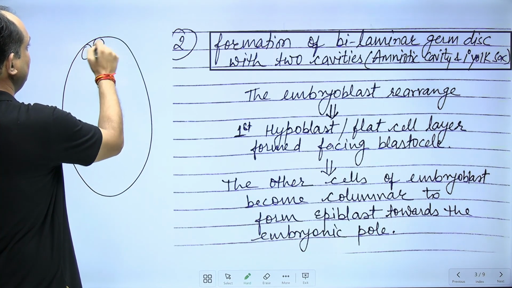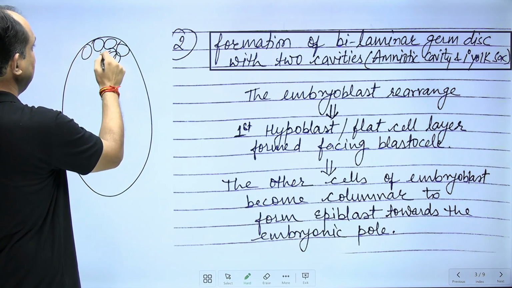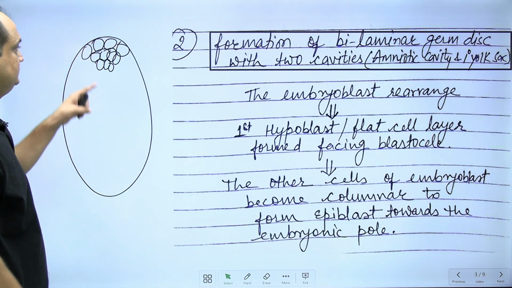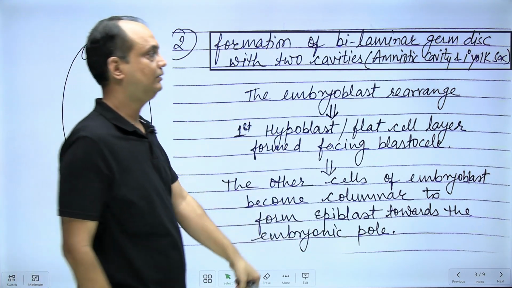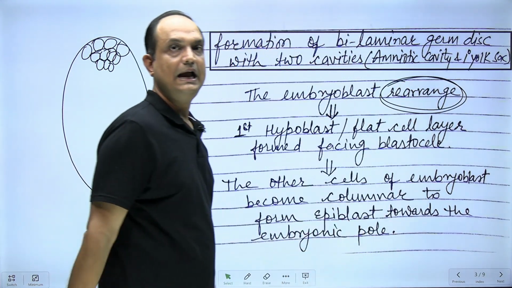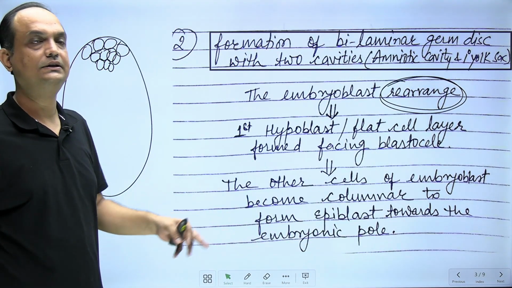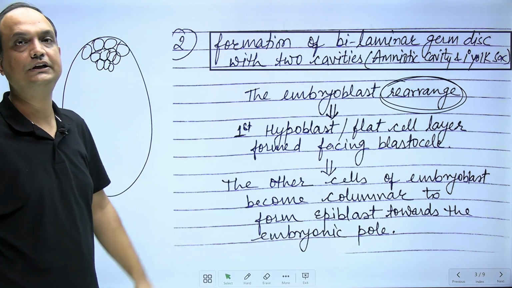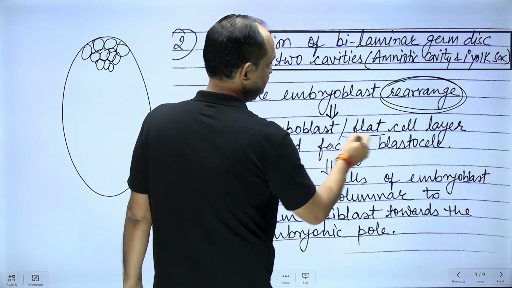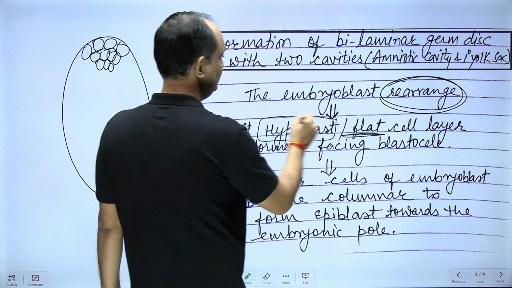This group of inner cell mass lies at one end of the blastocyst. Now this inner cell mass or embryoblast cells will rearrange themselves, and when they rearrange, first there is a formation of a flat cell layer, and that flat cell layer is going to form your hypoblast.